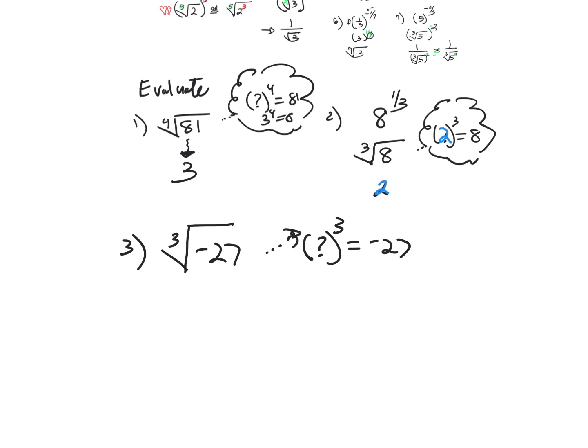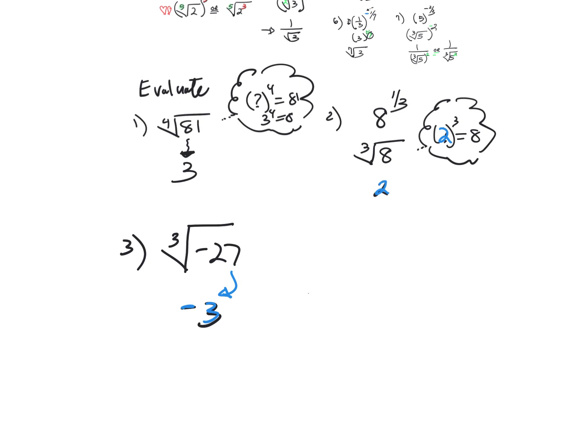So obviously it has to be a negative answer. So is it negative 2 times negative 2 times negative 2? Nope. Is it negative 3 times negative 3 times negative 3? Yes. So this answer is negative 3 because negative 3 to the third power equals negative 27. So this has a value of negative 3.